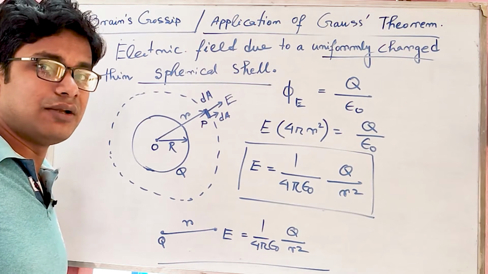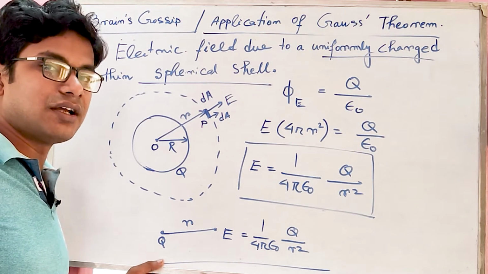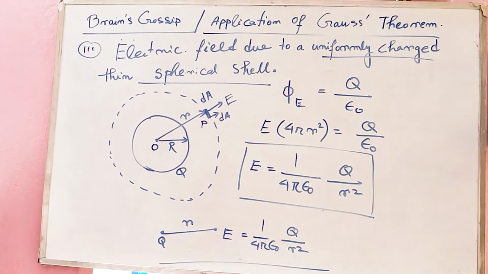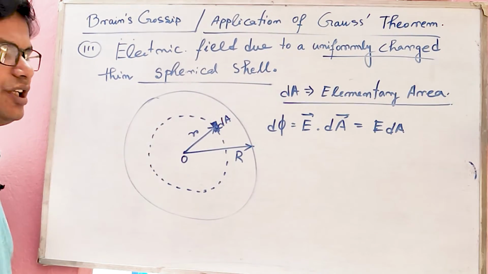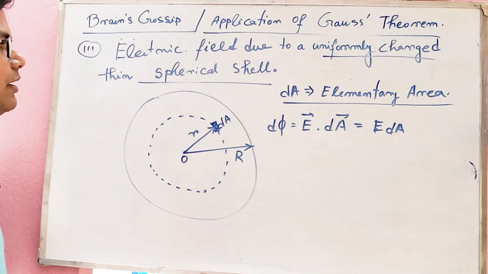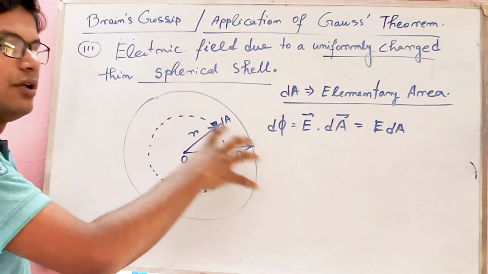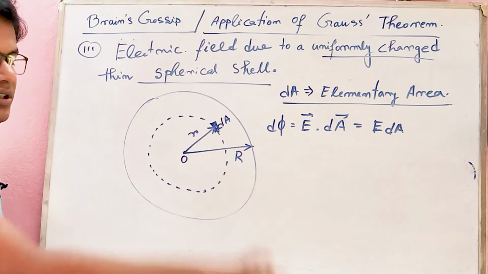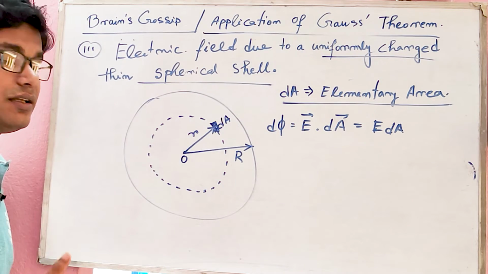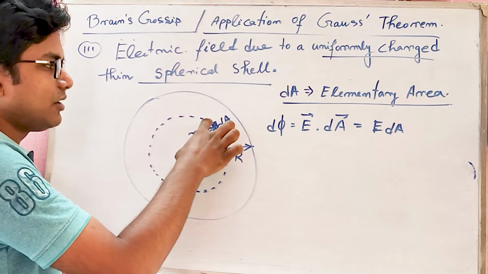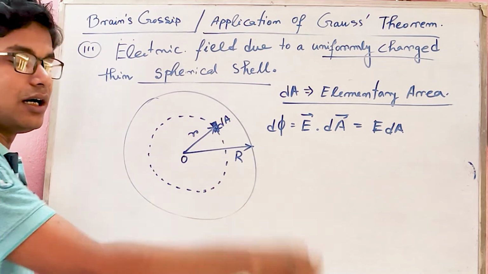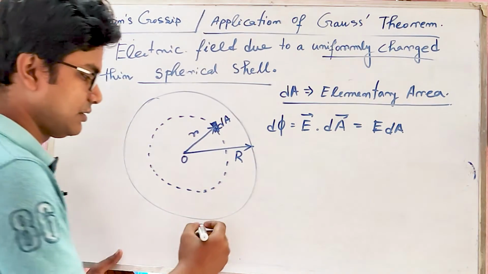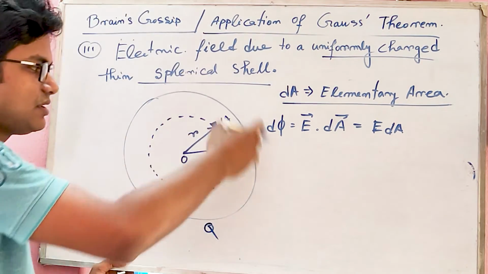Now we want to calculate the electric field for an inner point which is inside the spherical cell. Let us quickly calculate this. Here also we will take a Gaussian surface which is inside the spherical cell, in the form of a spherical shell. The radius of this sphere is small r, which is inside the spherical charge distribution, where the total charge is q on the shell.